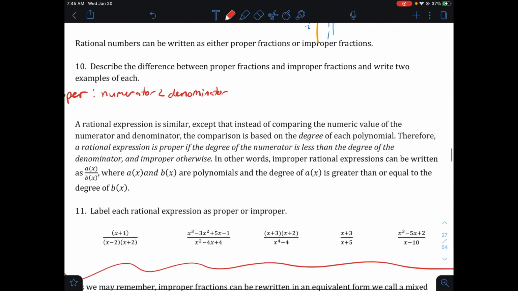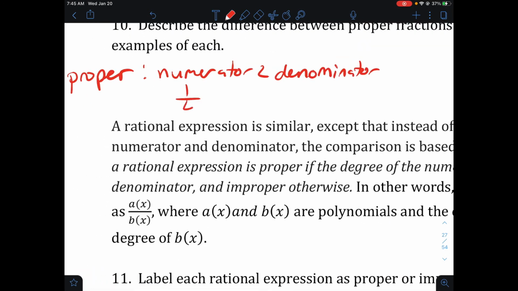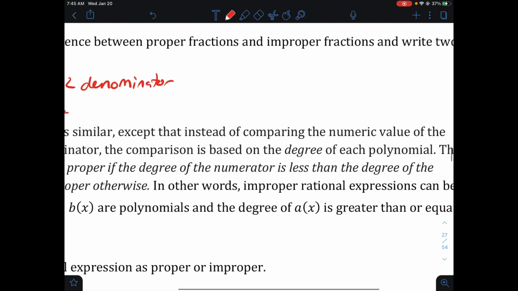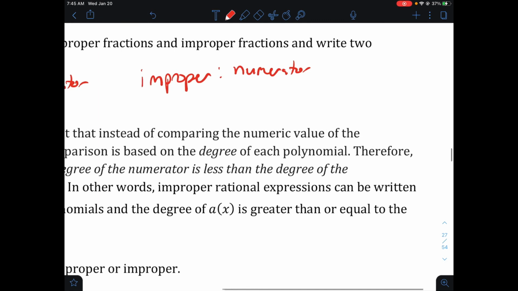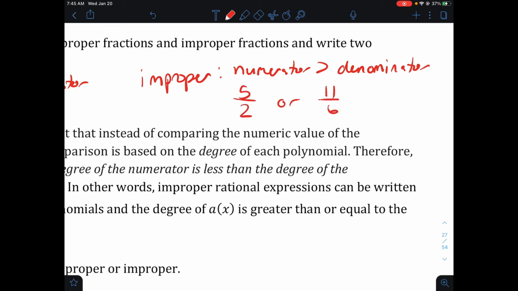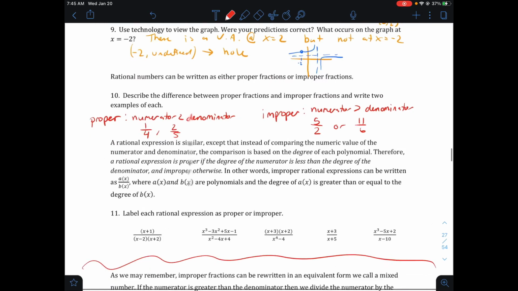An example of this might be 1/4, 2/5. And then improper is when the numerator is greater than the denominator. So that would be like 5/2 or 11/6, right? When the top is bigger than the bottom.